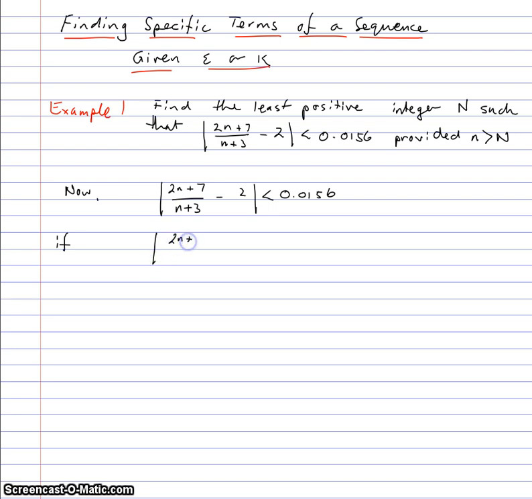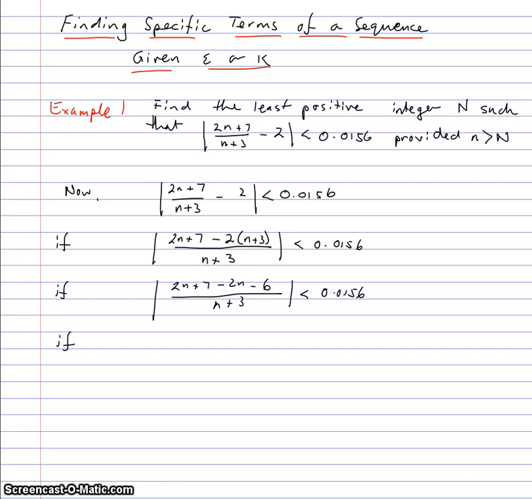If the absolute value of (2n plus 7 minus 2(n plus 3)) over (n plus 3) is less than 0.0156, if the absolute value of (2n plus 7 minus 2n minus 6) over (n plus 3) is less than 0.0156.